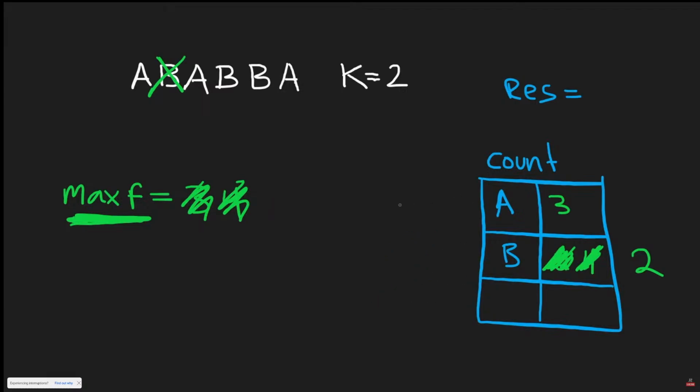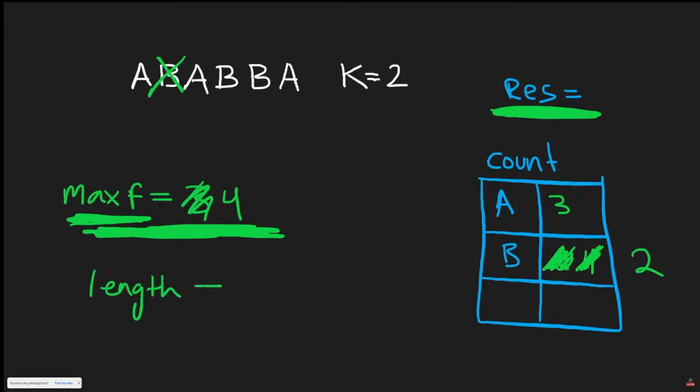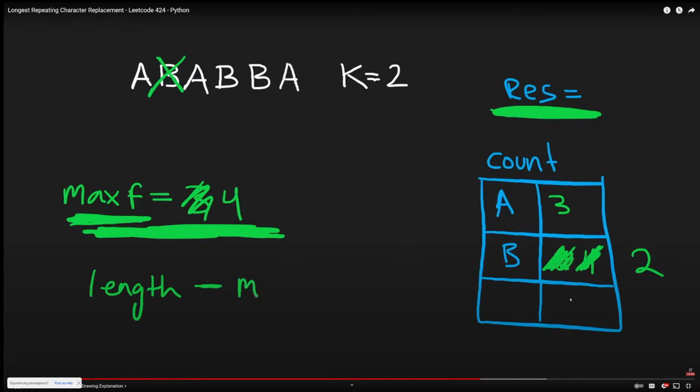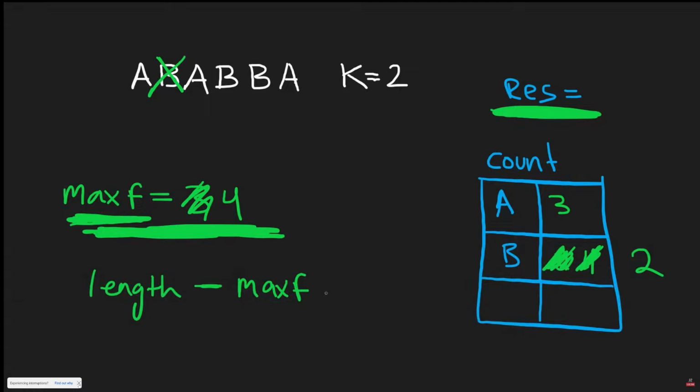But it's technically true that you don't have to decrement this max frequency. The main idea is this: the result is only going to be maximized as we find a new max frequency. Because remember what we were doing: we were taking the length of the window subtracted by the max frequency, whatever the most occurring character was, and we wanted to minimize this.